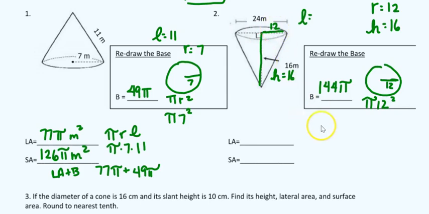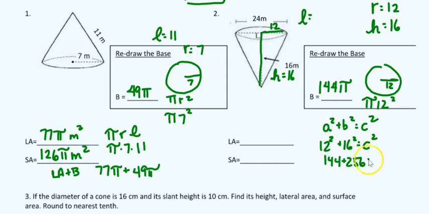We do know the 12. We do know the other leg is 16. We're looking for the slant height again. So 144, 256, 400, square root each, 20. So our slant height is 20.